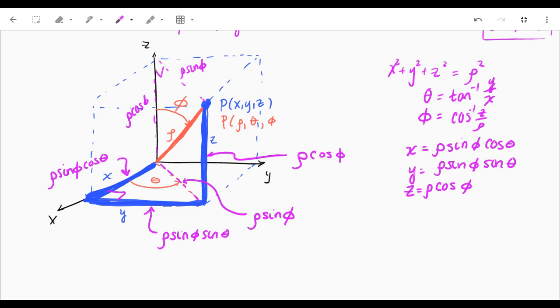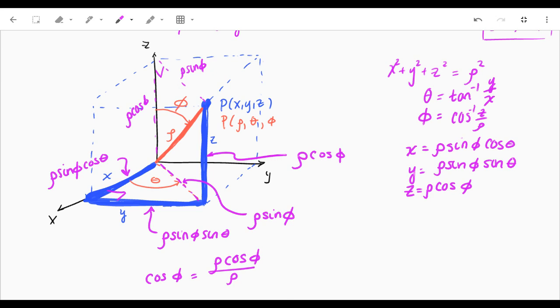So again, if we're looking at phi, the cosine of phi would be adjacent over hypotenuse. Adjacent is rho cosine phi, over hypotenuse, which would be rho.